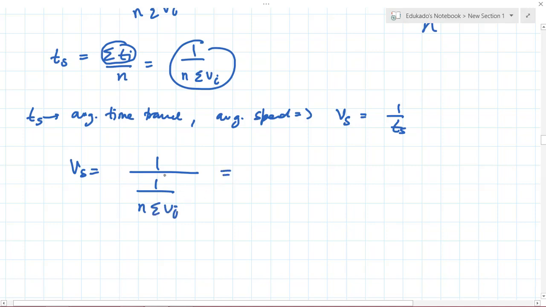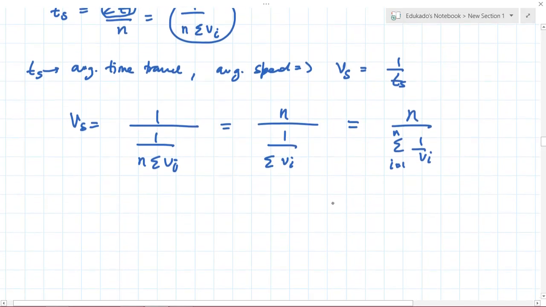Now this n will come upwards, so it will be n over 1 upon sigma Vi, and I can write it as n over sigma 1 upon Vi. Simple. And the sigma is varying from i equals 1 to n.